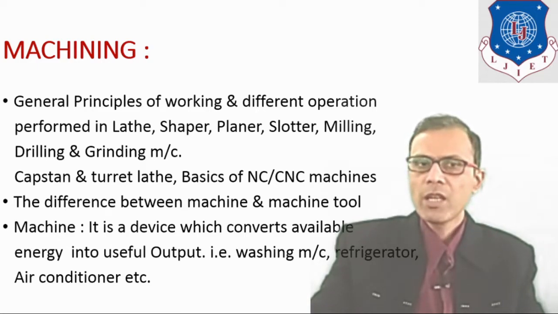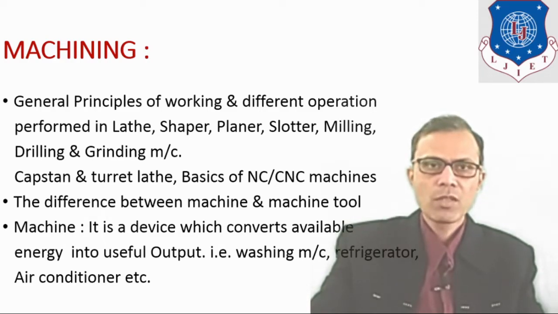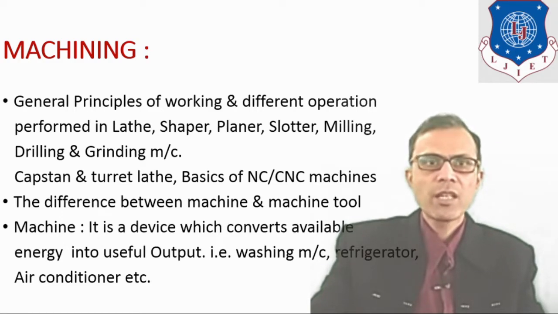Now, we are using the word machine tool and not machine, because there is a difference between machine and machine tool. So let's see what that difference is. A machine may be defined as an assembly of mechanisms which takes in some input energy and converts it into some useful output work.